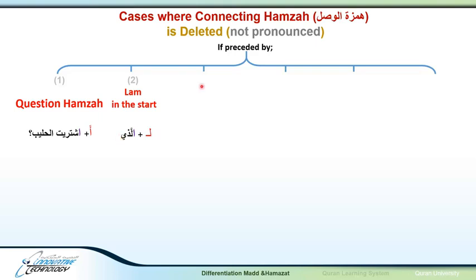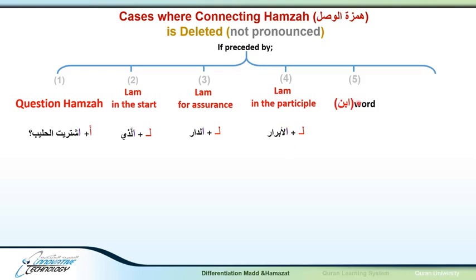And the third situation, when a lam is used for assurance, like in this example, la ad-dar, and when it is preceded by a lam in the participle, lal abrar, and when it precedes the word bin, meaning son of, ibn, aya ibn, and in full basmala. We don't say bi ismillah, but bismillah. Bismillah ar-Rahman ar-Rahim. We don't say bi ismi, we say bismi.